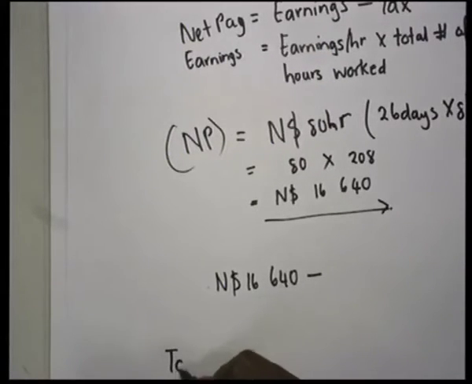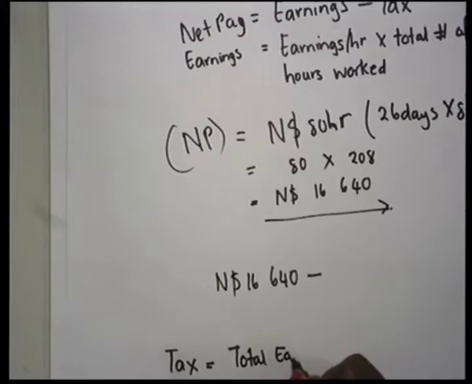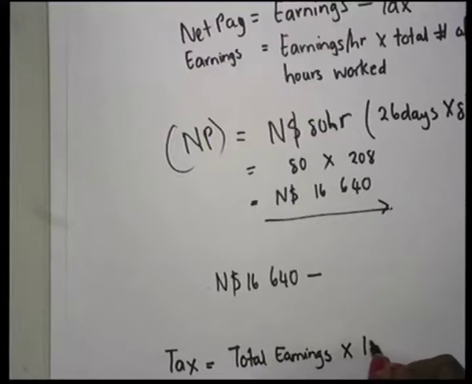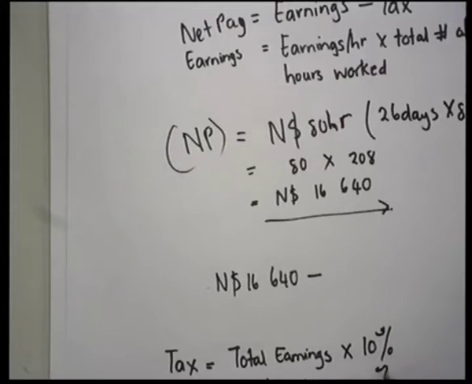Tax is equal to total earnings times the 10%, which is the tax that we have been given initially. So if we know our total earnings is 16,640, times the 10% of that, we'll know that the tax on the earnings is 1,664.